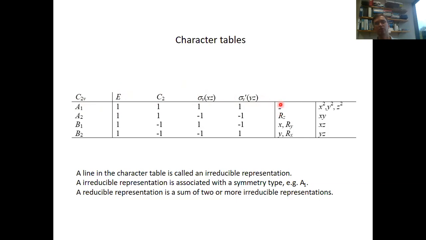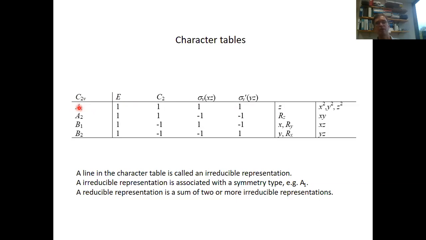That means that these four symmetry operations do nothing with coordinate z when we carry out the symmetry operations. And that is associated with the symmetry type A subscript 1.